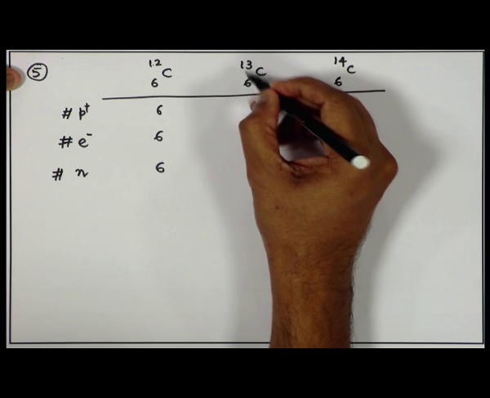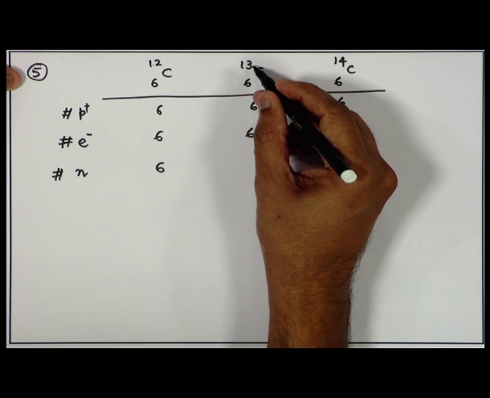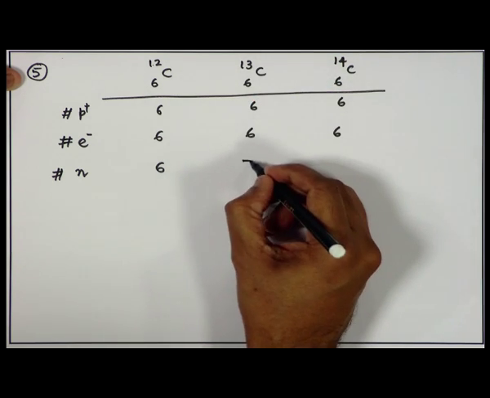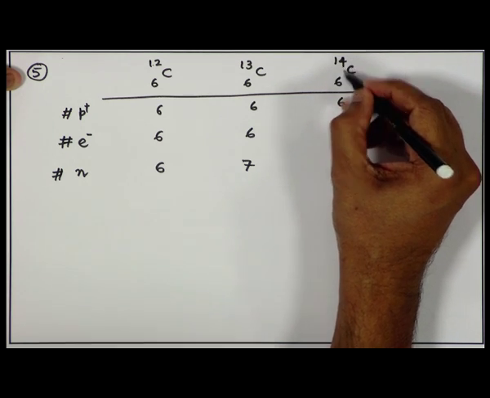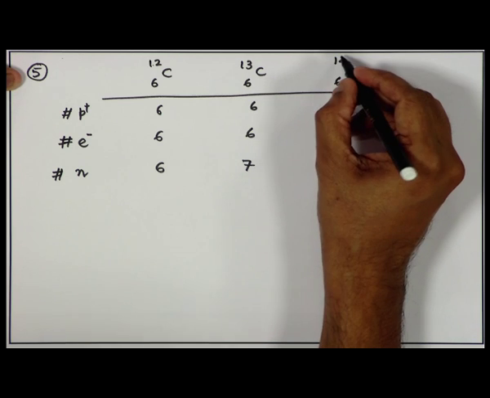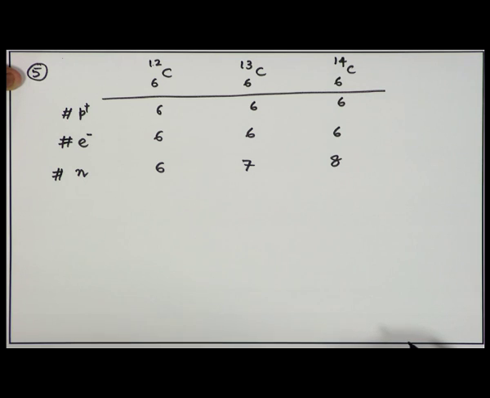In this case, the mass number is 13, the atomic number is 6. So, the number of neutrons is 13 minus 6, which is 7. In this case, the mass number is 14, the atomic number is 6. So, the number of neutrons is 14 minus 6, which is 8. Now, what we see here is that there are 3 different elements.